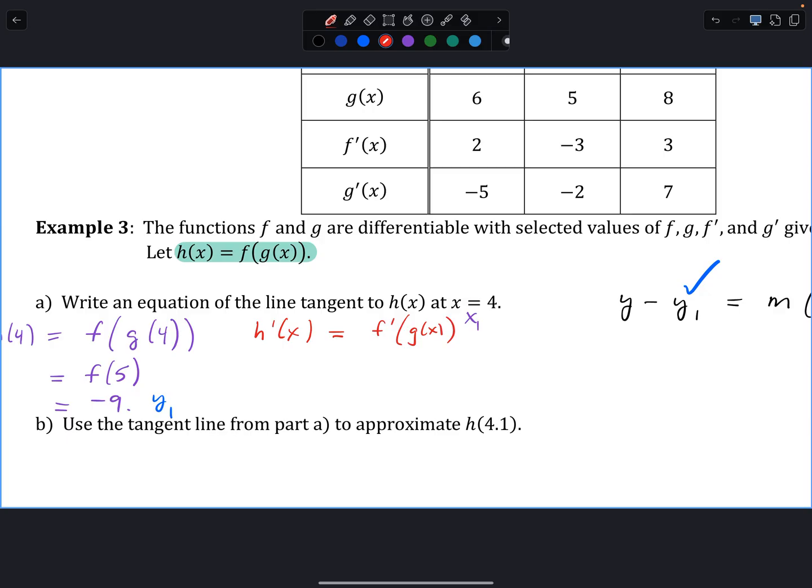And how does it finish? Times what? Derivative of the inside. Okay. So then h prime of 4 is going to be f prime of g of 4 times g prime of 4.